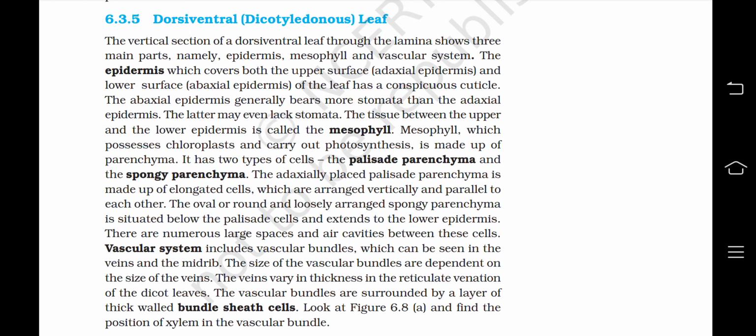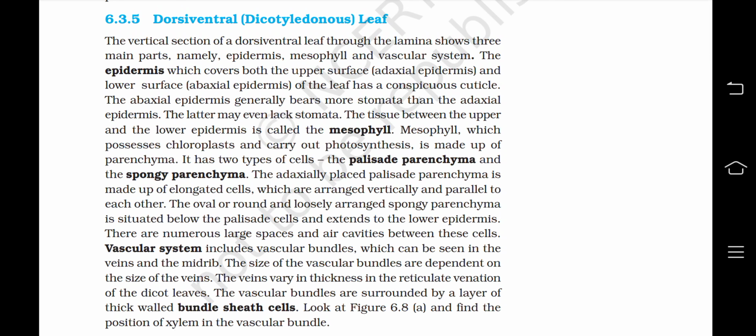Adaxially placed palisade parenchyma is made up of elongated cells which are arranged vertically and parallel to each other. The oval or round and loosely arranged spongy parenchyma is situated below the palisade cells, extending to the lower epidermis. There are numerous large spaces and air cavities between these cells.